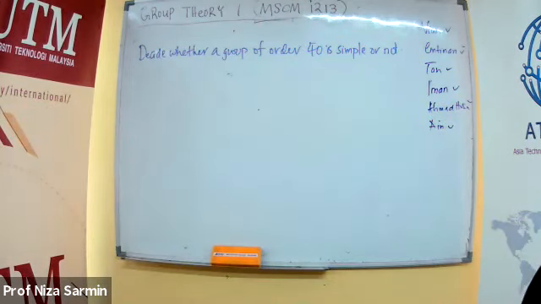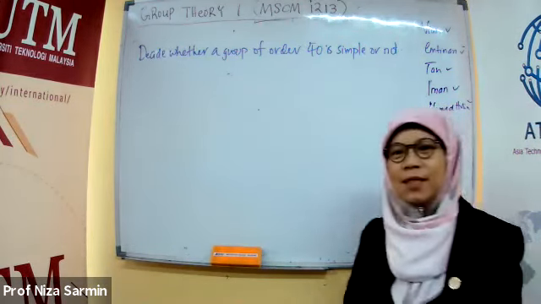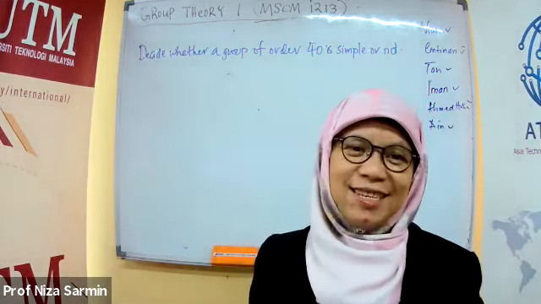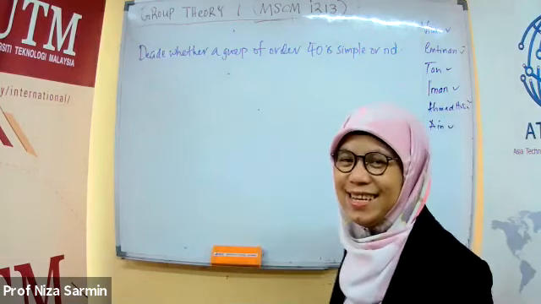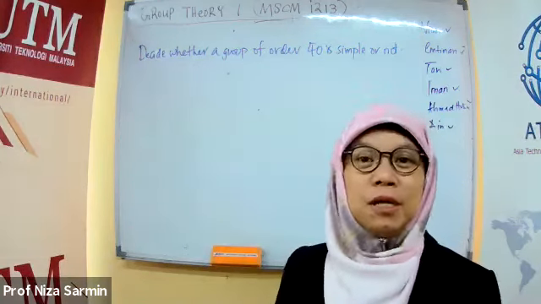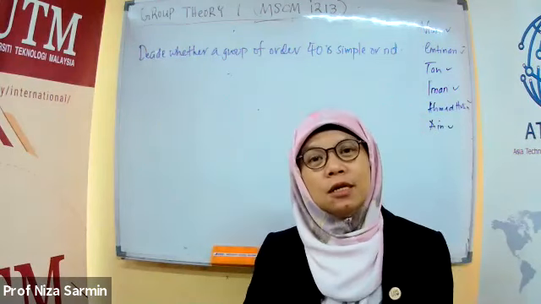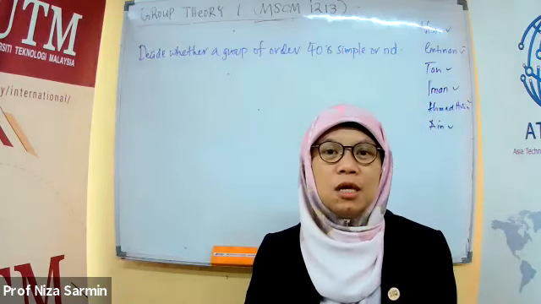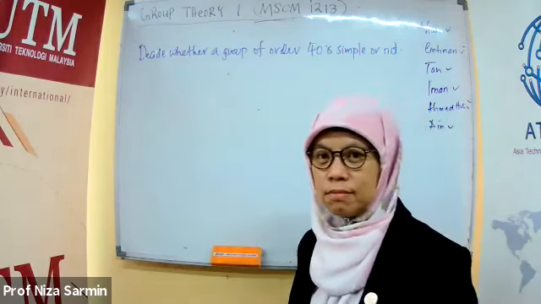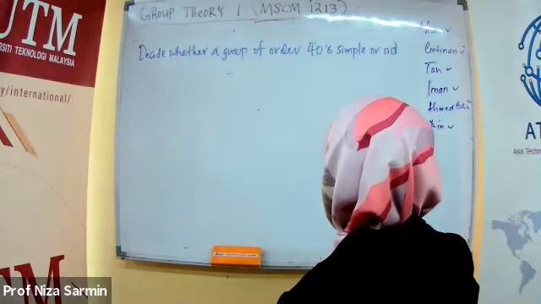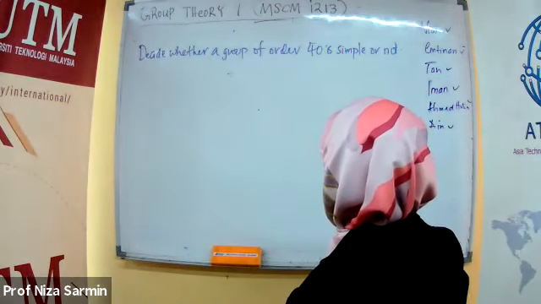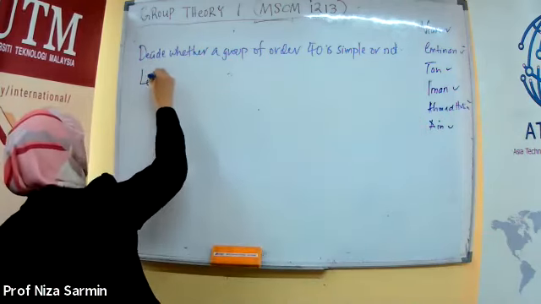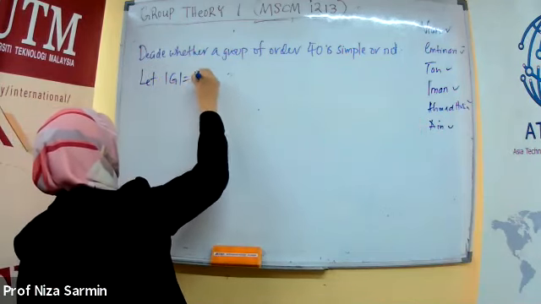This is not English simple. This is group theory simple. Remember, a group is simple if it has no proper, non-trivial, normal subgroup. So we are trying to decide whether there is a normal subgroup or not. Okay, so let G be of order 40.